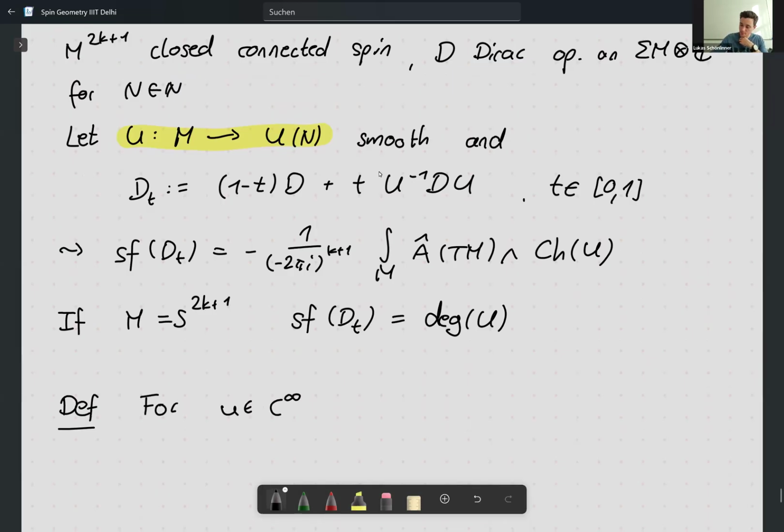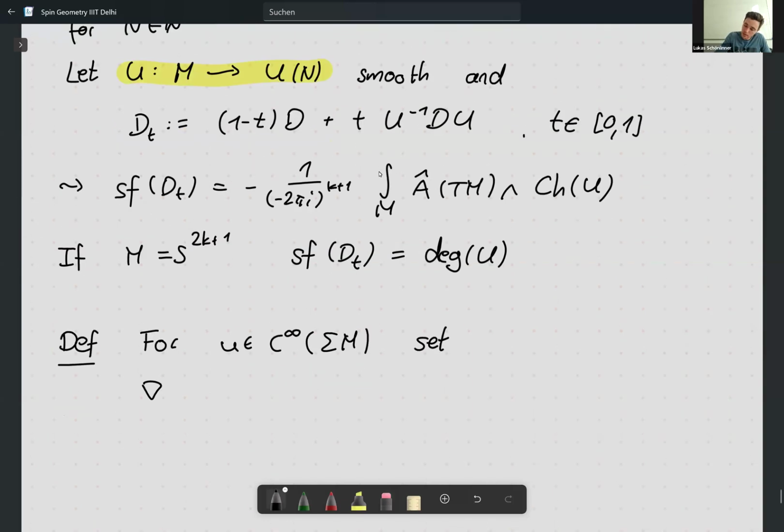For a smooth spinor u on some manifold M, we set ∇^t_X u = ∇_X u, where ∇ is supposed to be the spinor connection, and then we modify it by Clifford multiplying the tangent vector X with the spinor.